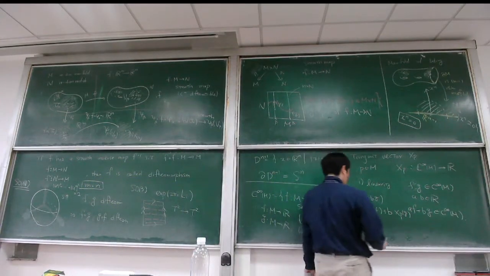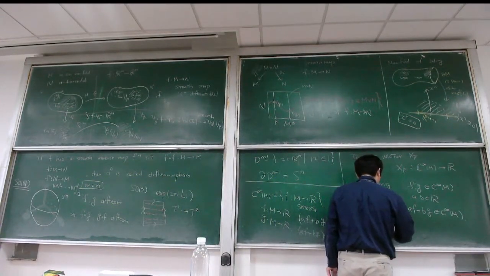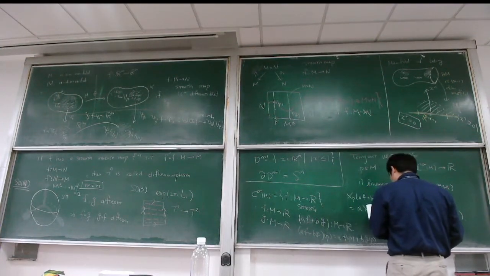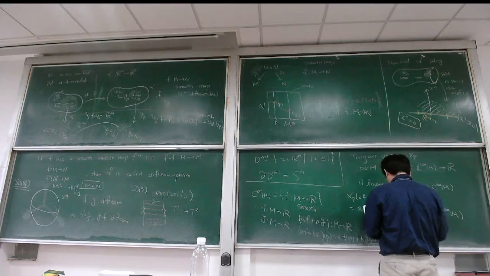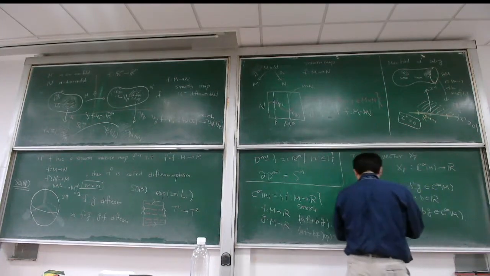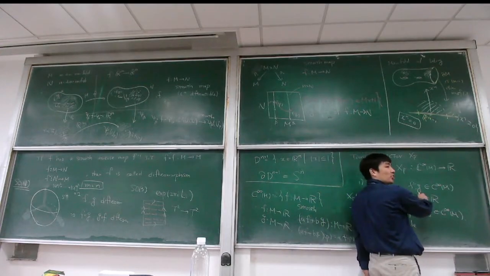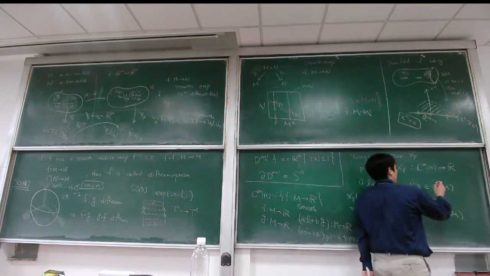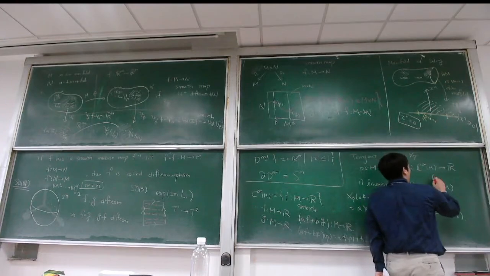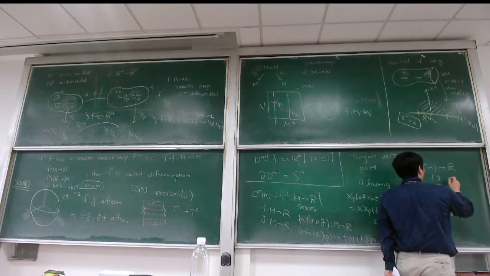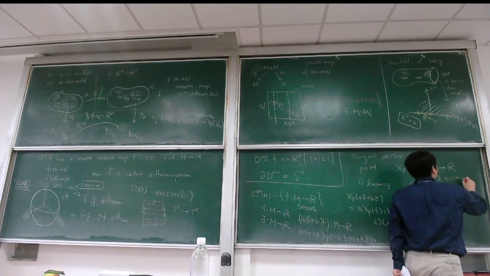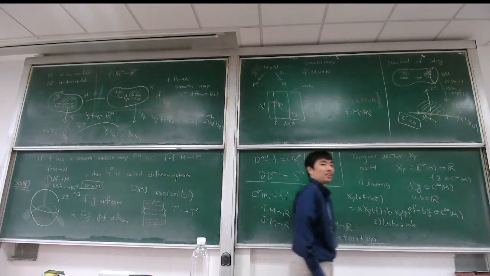And then the important rule is the Leibniz rule. Again, given that f and g are smooth maps, f times g is also C infinity.